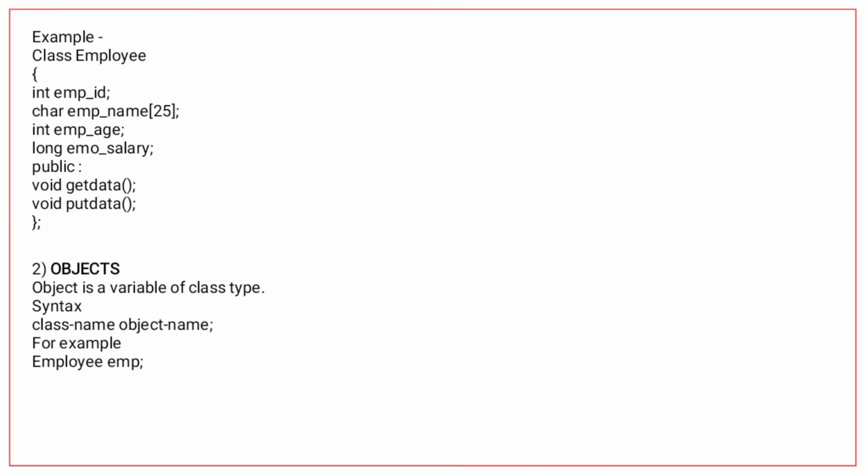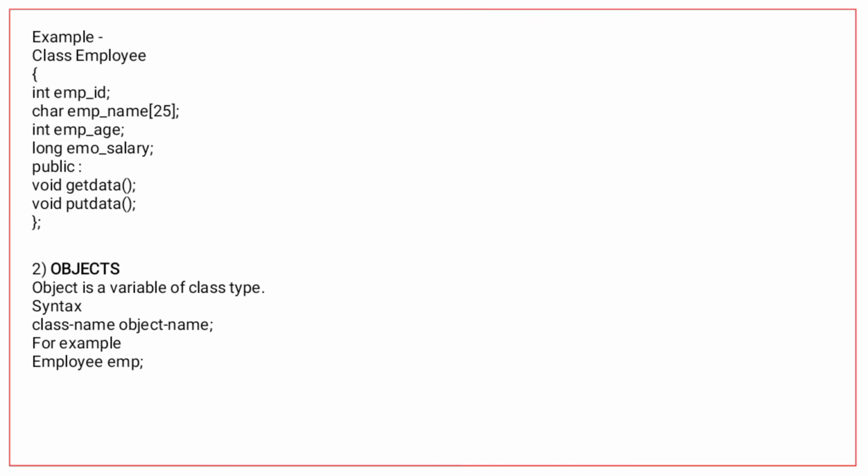Next data member is emp underscore age and data type is int, means integer. Next data member is emp salary, data type is long, and then we define two member function. The first member function is get data and second member function is put data, and then finally we close a class using closing curly bracket with a semicolon.